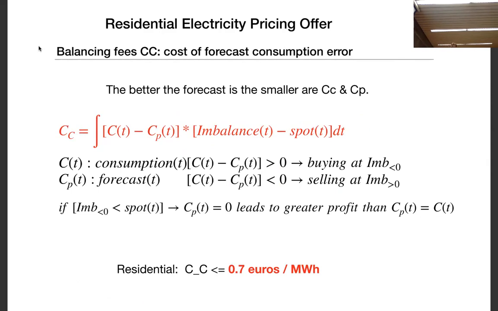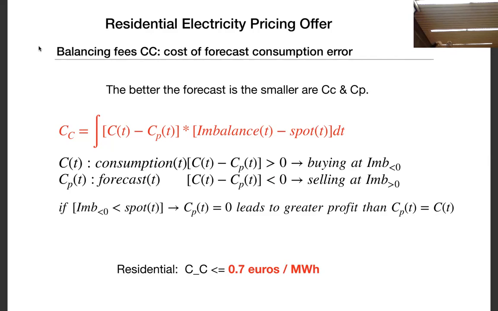Now for the consumption, obviously the energy supplier will also make some forecast error, because even if it has access to the synthetic profile, in reality you will have some small deviation from the synthetic profile, because sometimes people do not behave as expected. Just imagine you are in winter and you make some weather forecast, but the weather forecast is not perfect. And the day is in fact much colder than you expected. So you heat more, and you will make some error on your consumption.